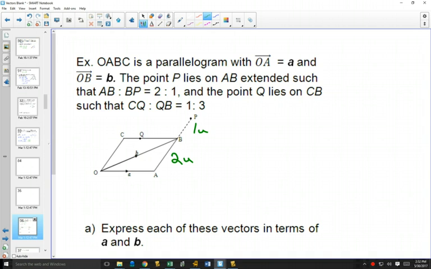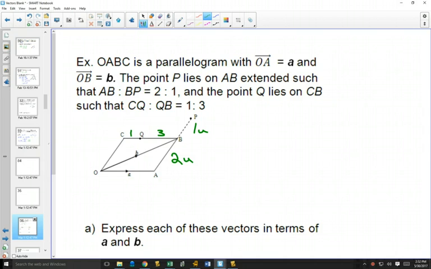And Q lies on CB such that C to Q is in that ratio, 1 to 3. So sometimes some of the mistakes that people get in a question like this, if I'm going from C to Q, how far have I gone on my way from C to B?